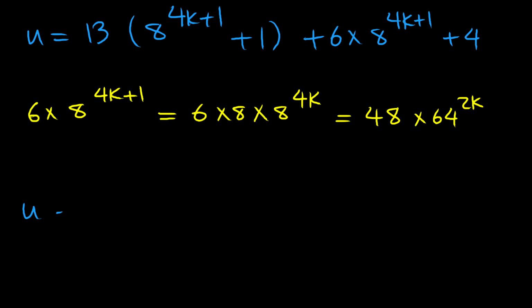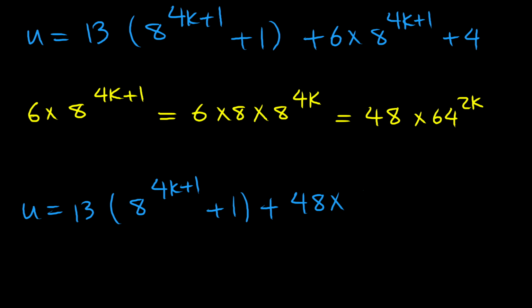So u equals 13 times 8 to the power of 4k plus 1 plus 48 times 64 to the power of 2k plus 4. Next, let's go ahead and break this 48 into 39 plus 9.